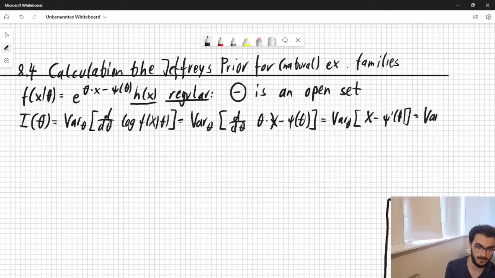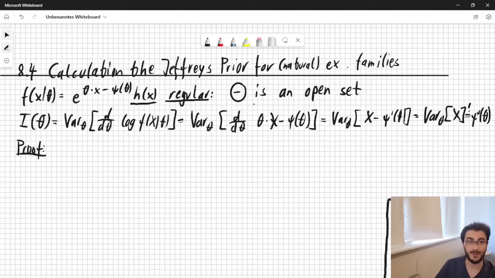So this is just the variance of x. This can be calculated rather easily using the function psi. This is in fact equal, I'm going to focus on the one-dimensional case here, to the second derivative of psi in theta.